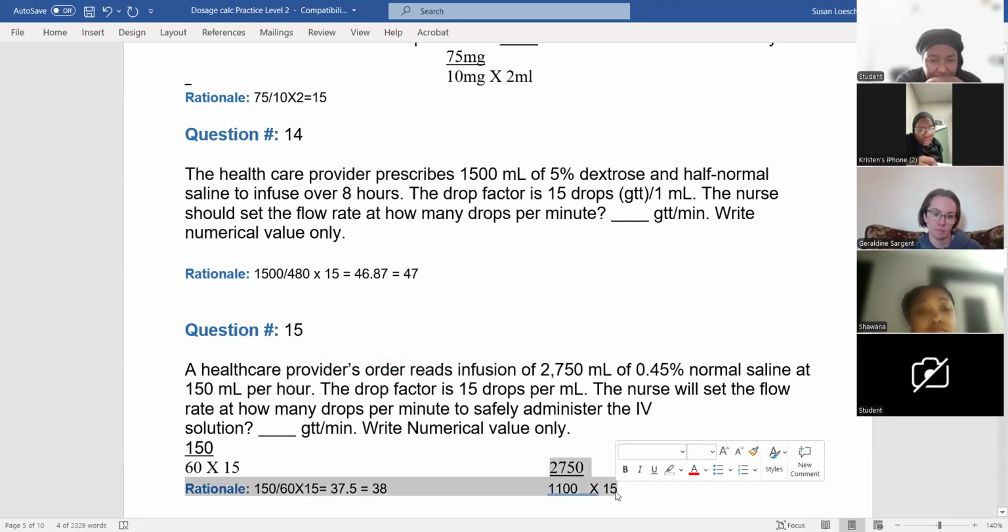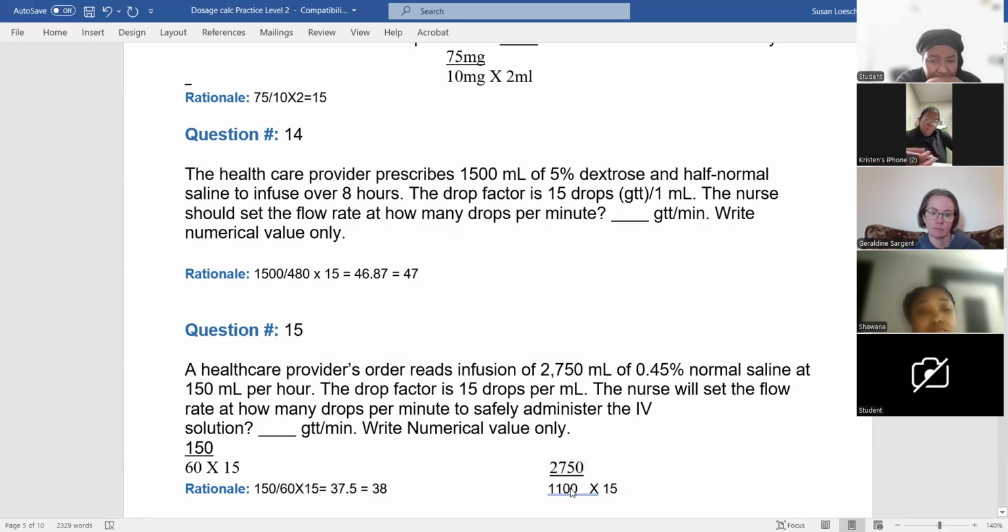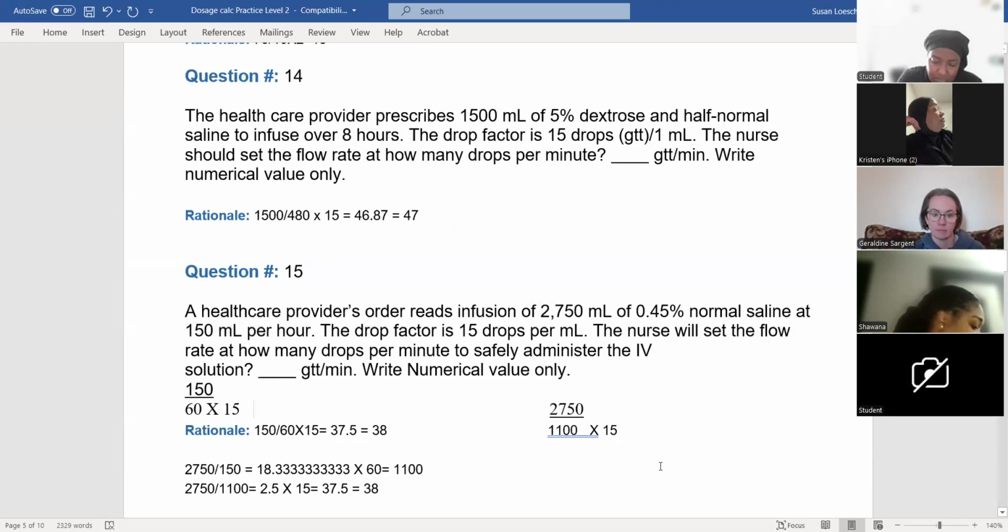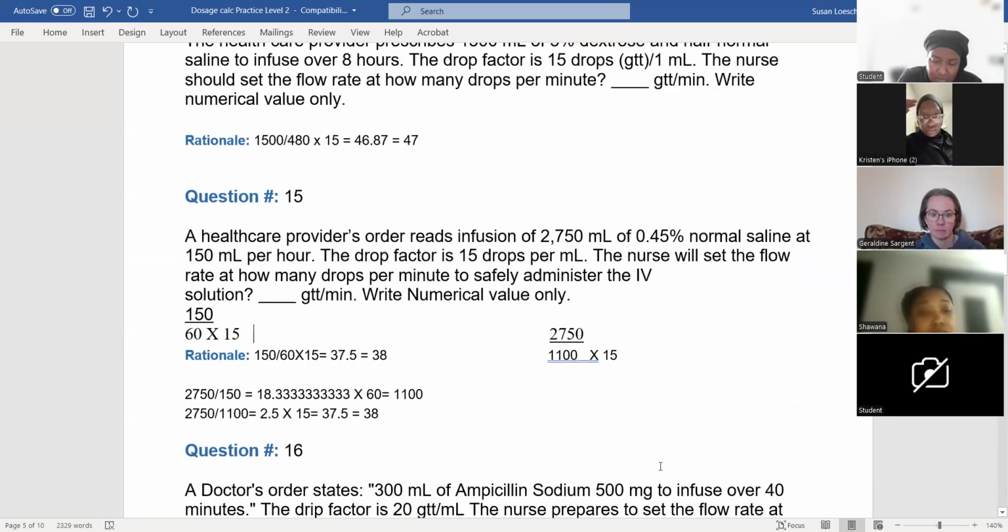You have to calculate how long the IV is running for and then convert that time into minutes because it didn't give you a time, but it gives you a cheat over here. So if you use the cheat, you see you get the same answer. No matter which way you do that, you're going to get 37.5. You see I showed you there on the bottom?